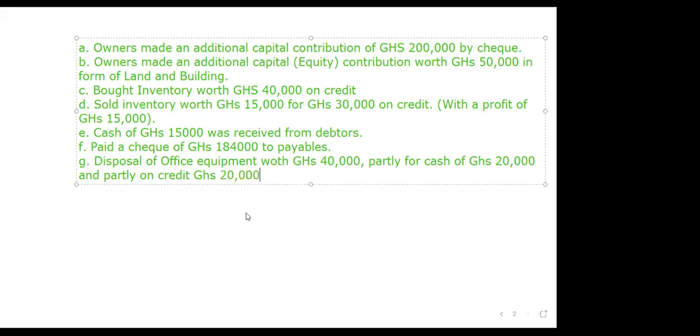Okay. So this is the transaction that took place.